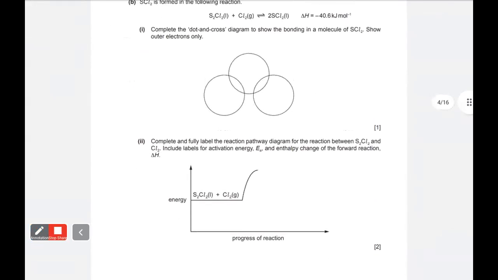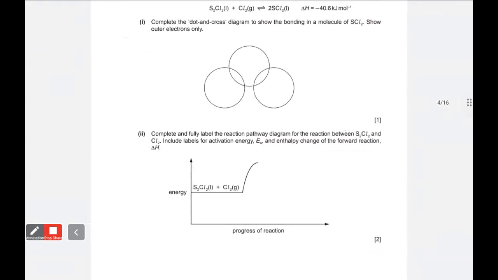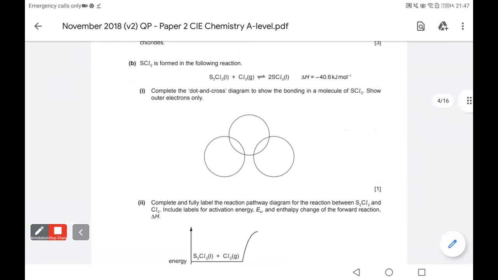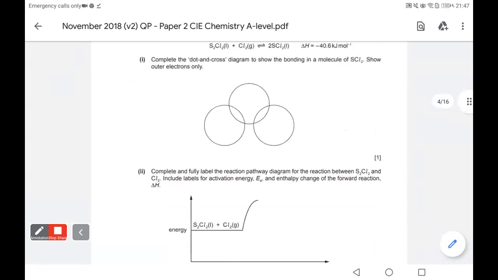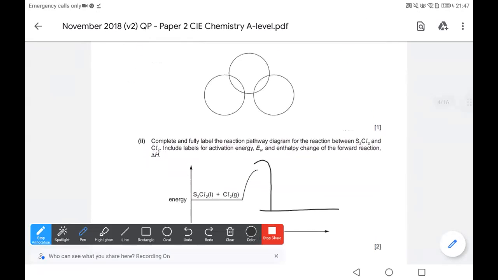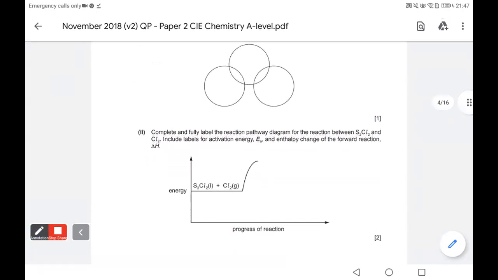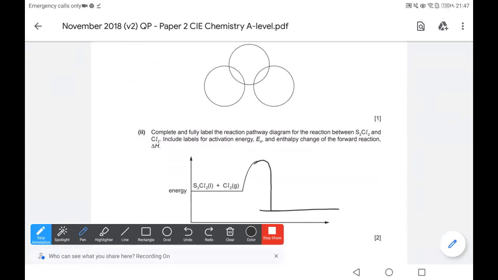The forward reaction is exothermic, so the line should come downwards, no? Exothermic. And the products are SCl2.